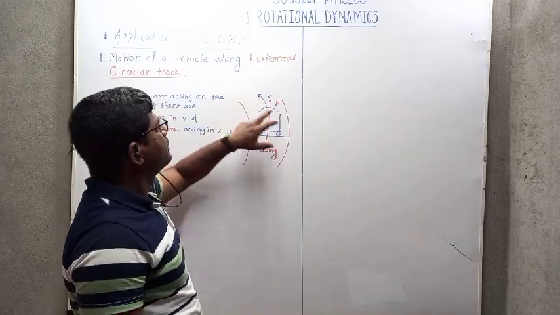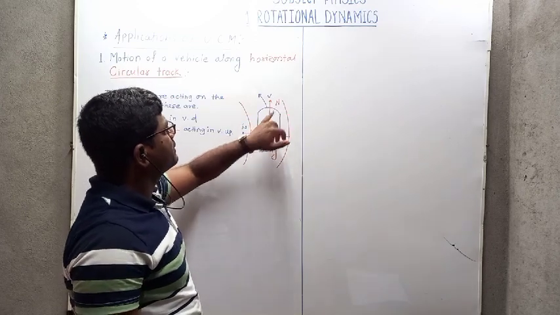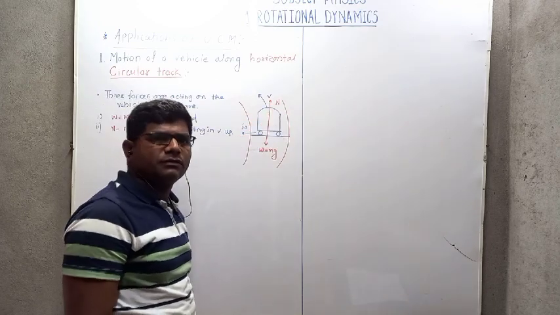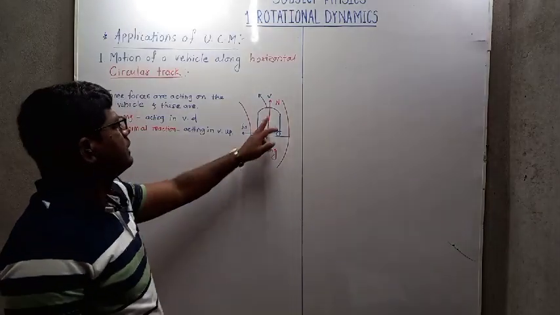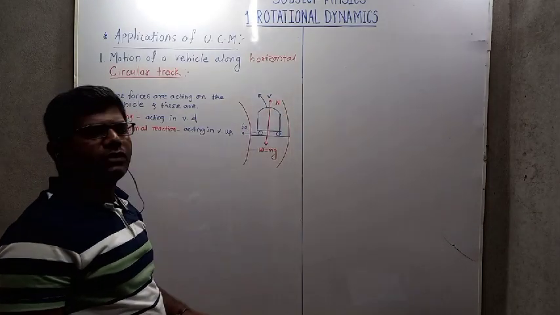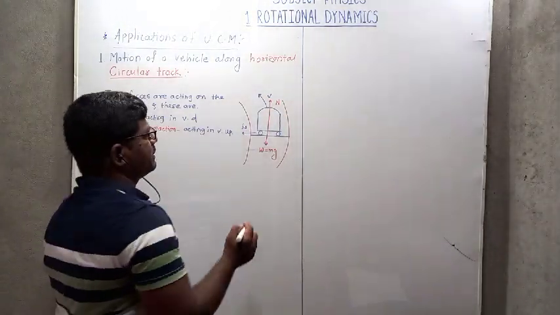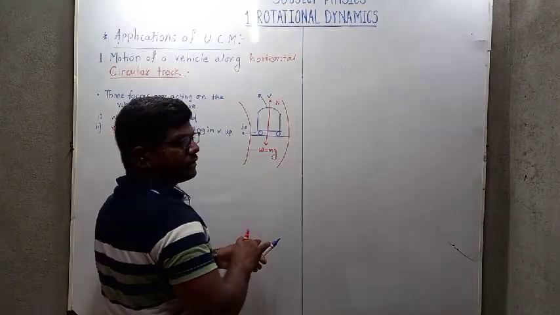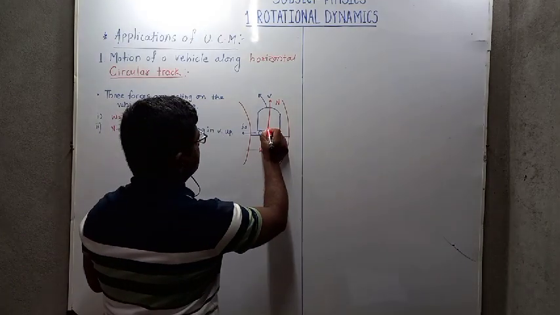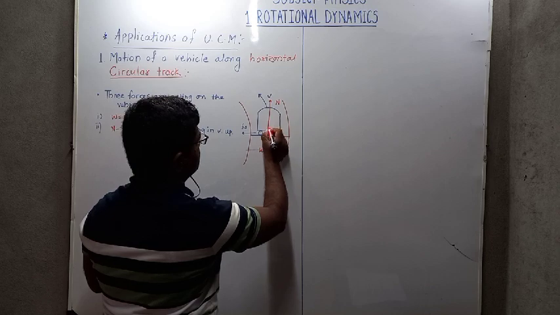Then why is this force called the normal force? Because this normal force is always perpendicular to the surface, so it is called the normal force.